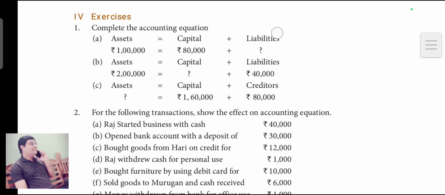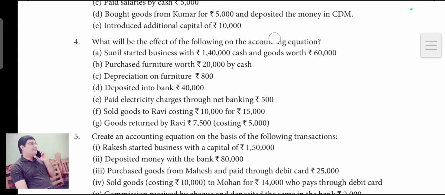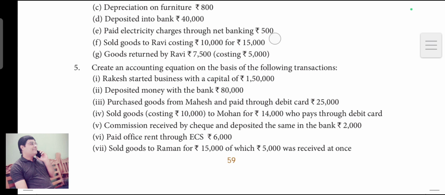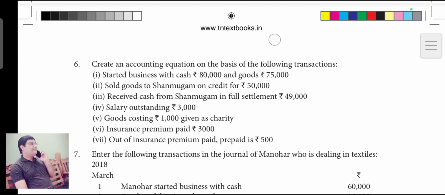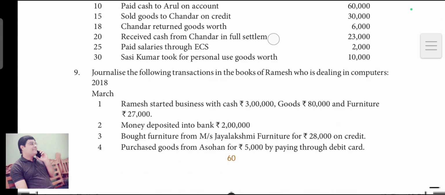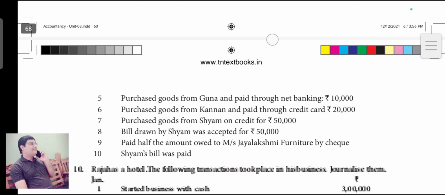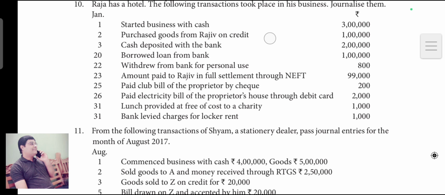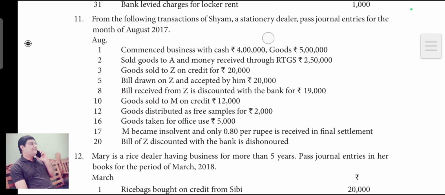Then, in exercise, sum number 1, sum number 5, then sum number 7, 8, 9, 12.